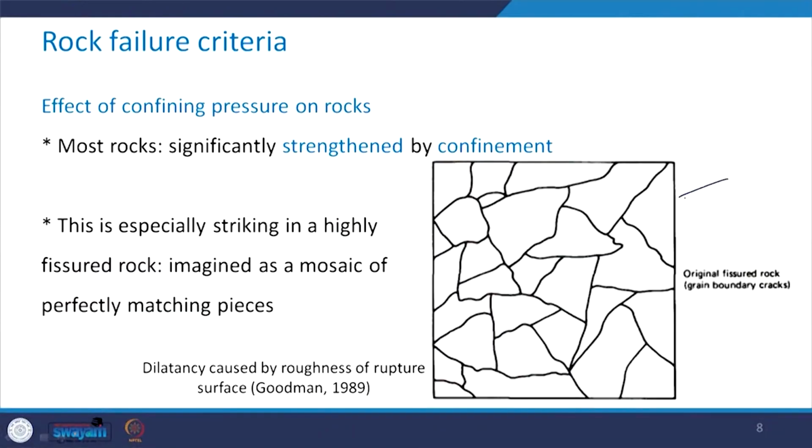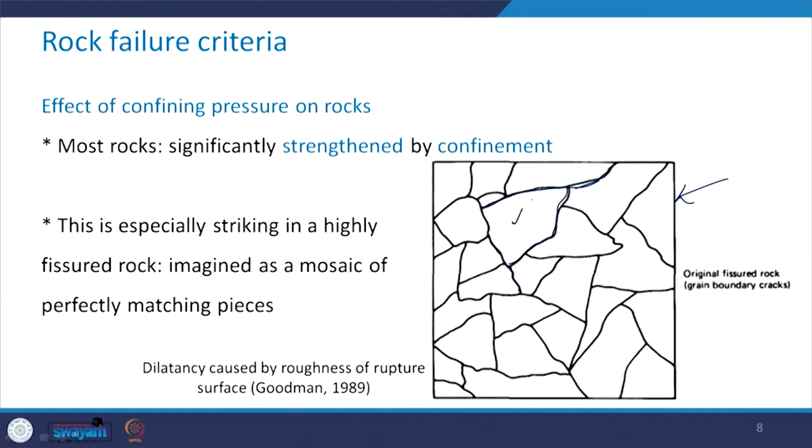A highly fissured rock can be imagined as a mosaic of perfectly matching pieces, like it has been shown in this figure. You can see that these are the planes of the discontinuity. In case of your fissured rock, these discontinuity planes are matching perfectly with the next piece.